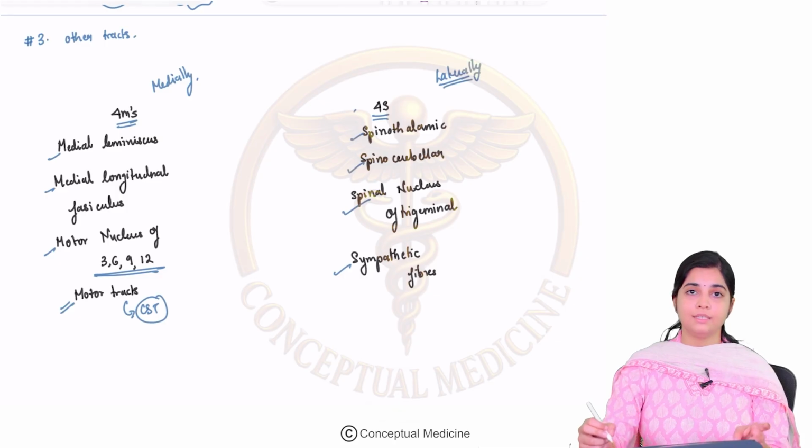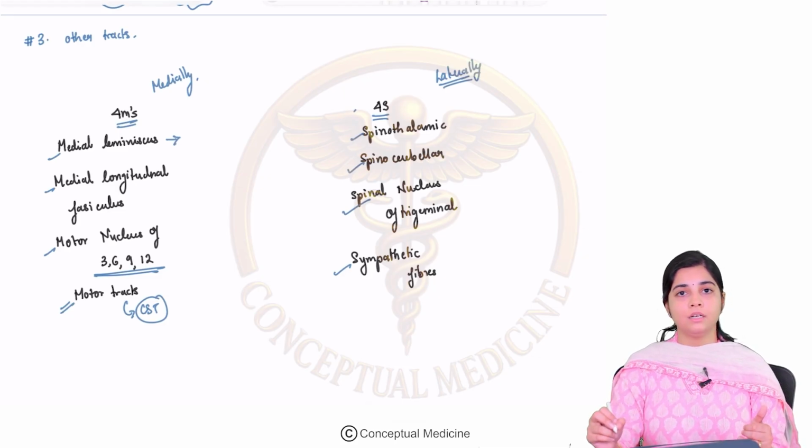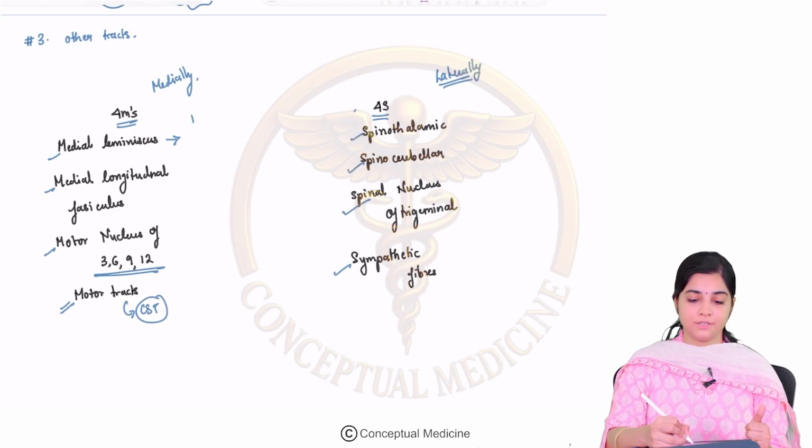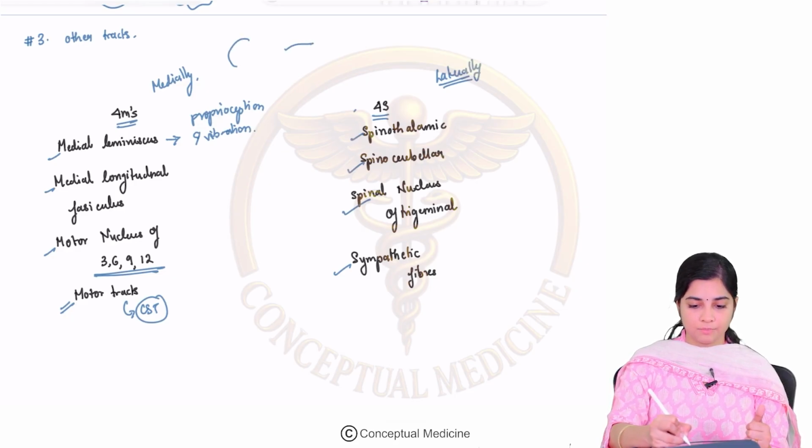So what does the medial lemniscus carry? We had learnt in our organization of tracts in the spinal cord that we have the fasciculus gracilis and fasciculus cuneatus, which take the sensations of proprioception and vibration. In your spinal cord, proprioception and vibration go to the fasciculus gracilis and cuneatus, which is present in your posterior column.